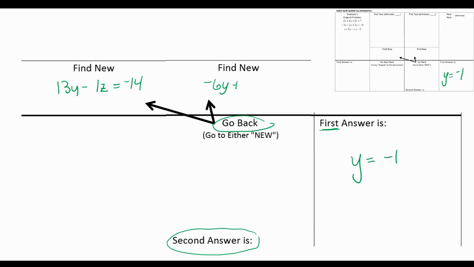You had 2 of them, and you can choose either one. It doesn't matter. Pick one with smaller numbers, pick one that you like better. And we're going to plug it in just like we did before.